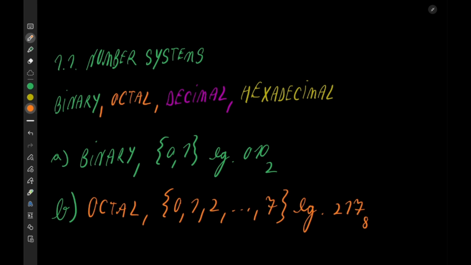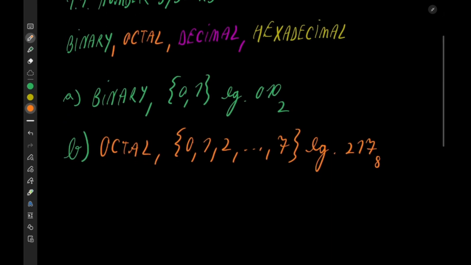As you probably figured out, octal means 8. Why? Because from 0 to 7 we're going to have, of course, 8 numbers. So yeah, this is octal.